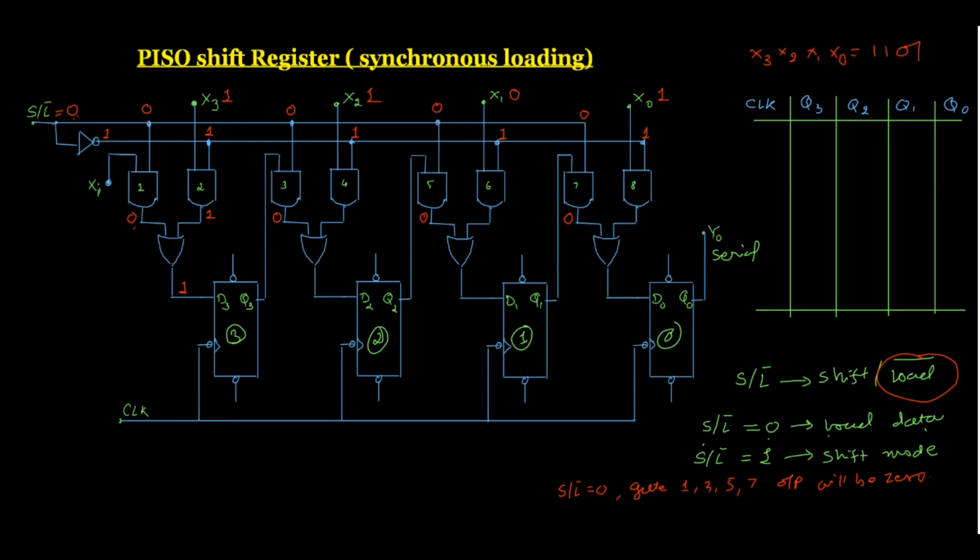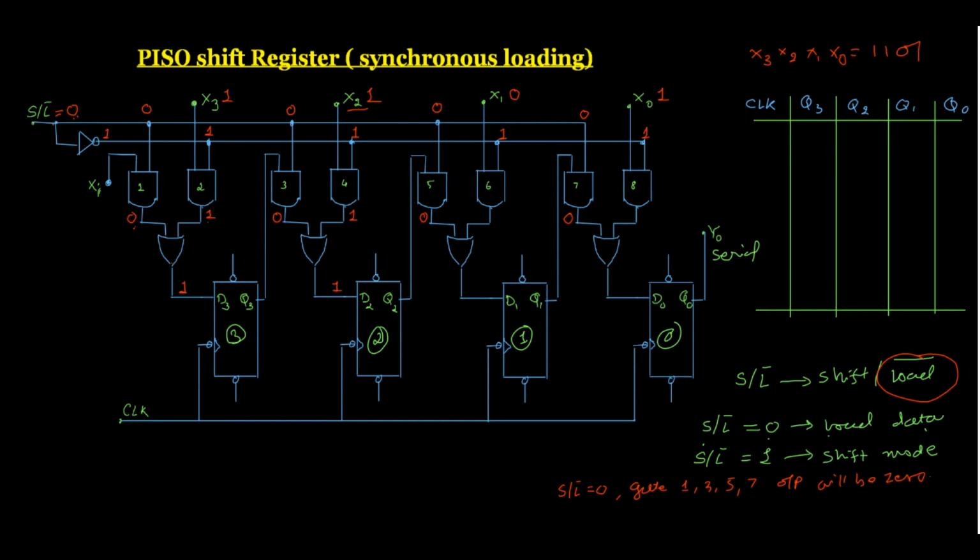Now look at this, x2 is 1, this is also a high level, so the output of this AND gate will be 1. Then again we have 0 and 1 input to this OR gate, so the output of this OR gate will be 1, and that is the input to the second flip-flop.